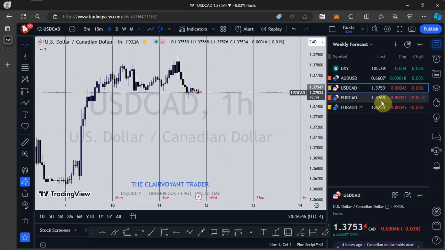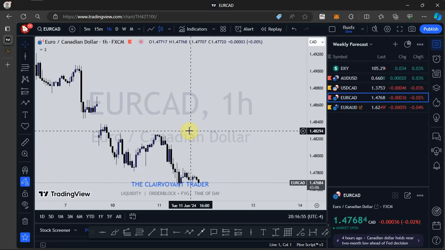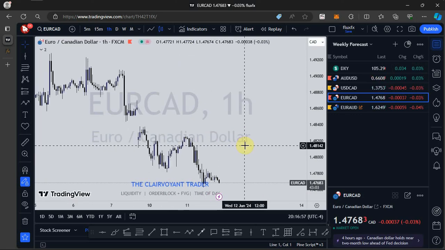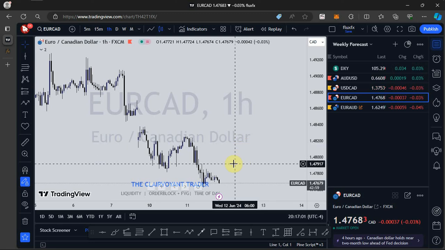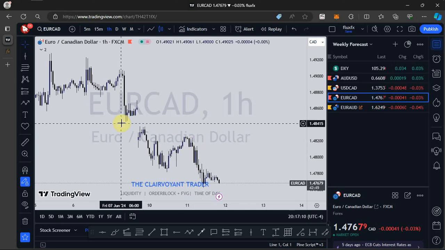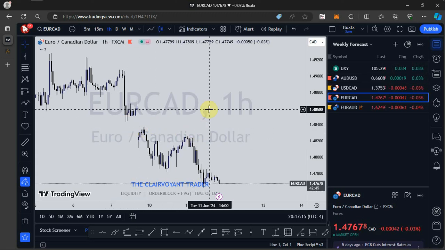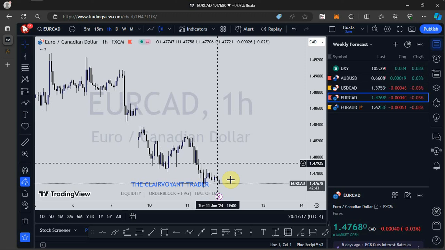Let's look at what is happening on EUR/CAD. For EUR/CAD, I was expecting a bullish stance, and my focus was this gap. Price should violate the gap, then close above it, then we see a push to the upside.